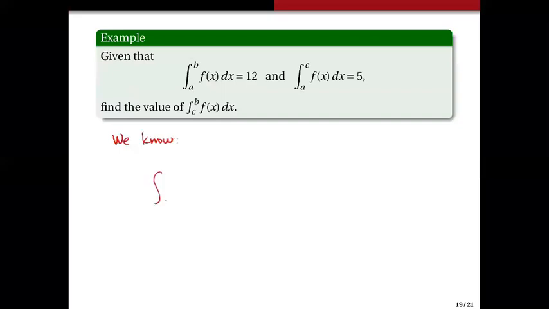the integral from a to b of f of x dx, we can decompose this into the integral from a to c of f of x dx plus the integral c to b of f of x dx, correct?